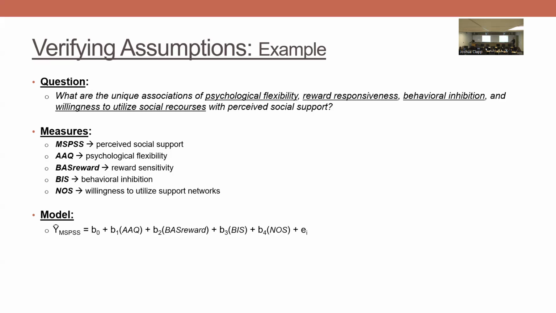We're going to look at this and write this out in a model. Get used to this. Be comfortable with this because it's going to be really important as we get into moderation.